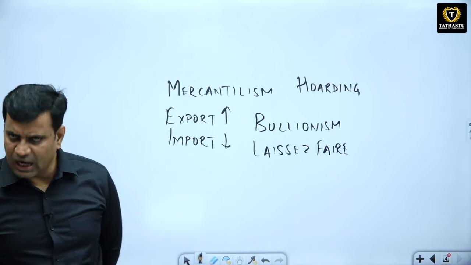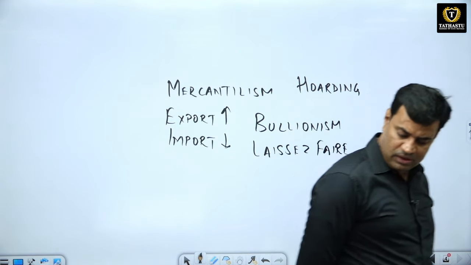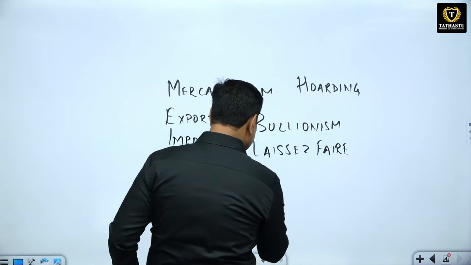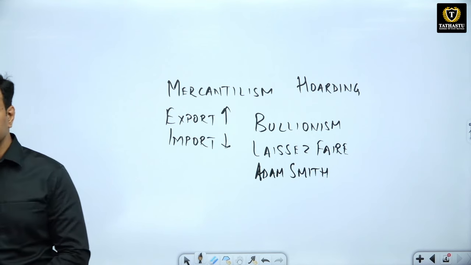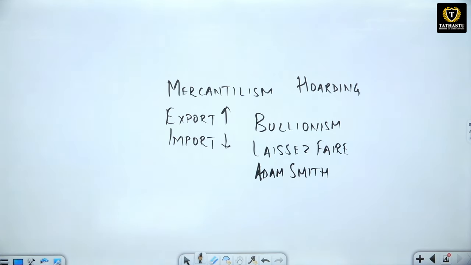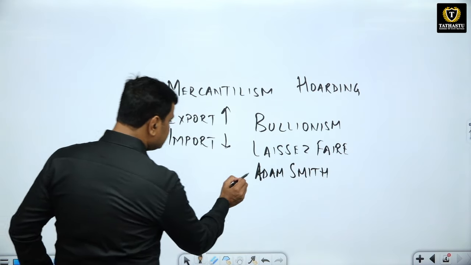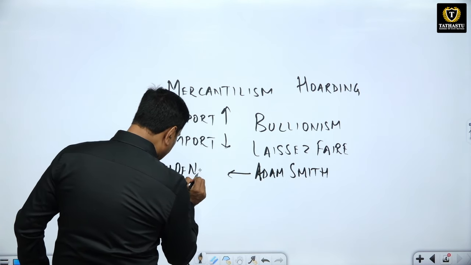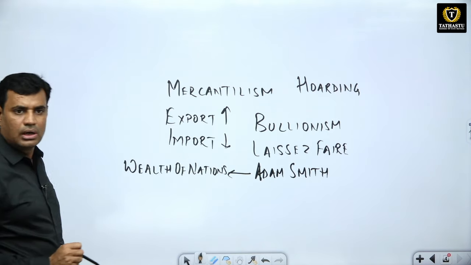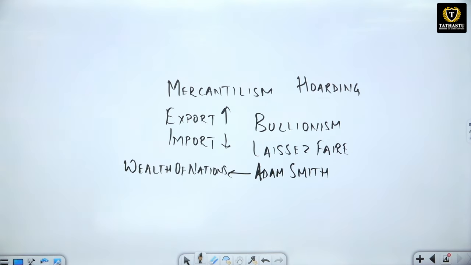Capital claim that this ideology was further supported by a British writer, Adam Smith, in his work The Wealth of Nations, written in 1776.